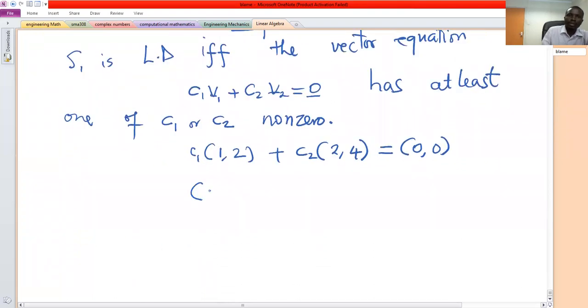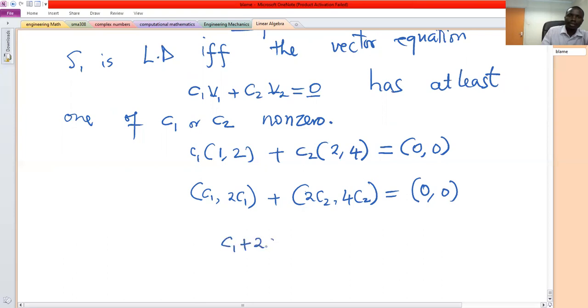So this will be (C1, 2C1) plus (C2, 4C2)... equal to (0, 0). And for this equality to make sense, let's get the sum on the left: (C1 plus 2C2, 2C1 plus 4C2) equals (0, 0).